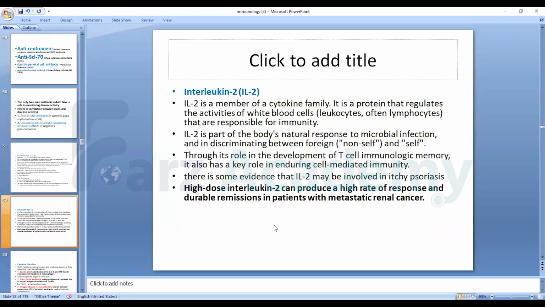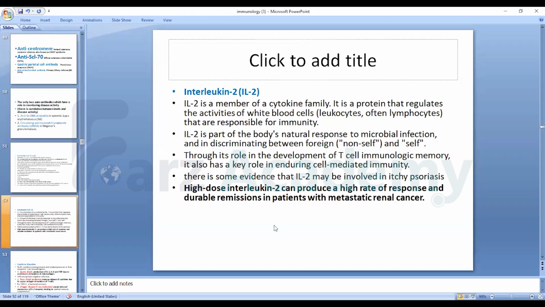Another is interleukin 2. Interleukin 2 is a member of the cytokine family. It is a protein that regulates the activities of white blood cells, leukocytes, often lymphocytes, that are responsible for immunity. It is a part of the body's natural response to microbial infection and in discriminating between foreign and self.